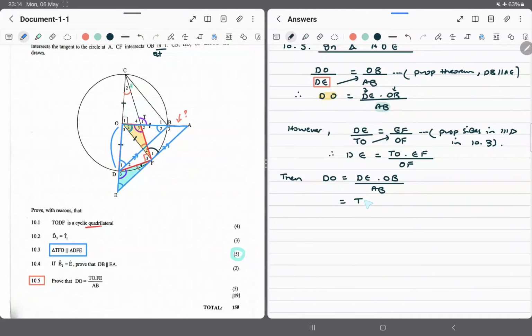So this is going to be TO times EF over OF times OB. All of that thing is divided by AB technically.